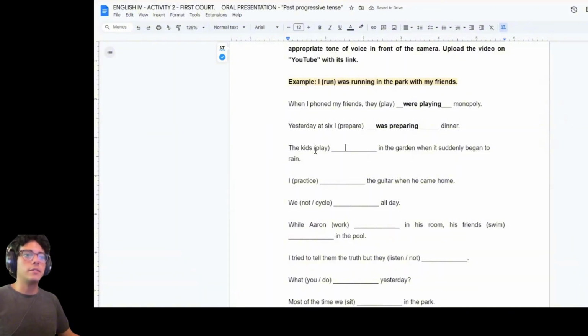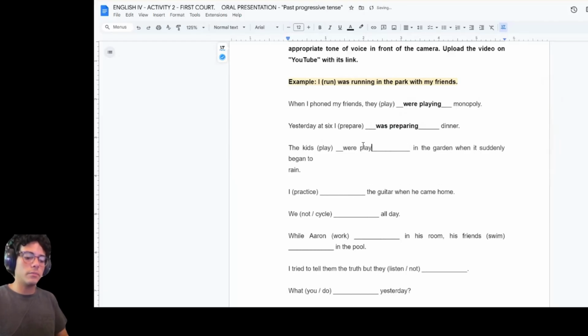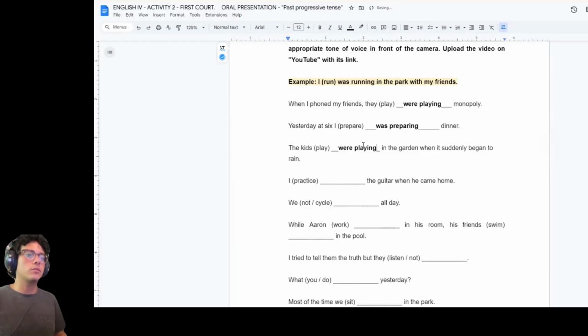The kids, the verb is play, in the garden when it suddenly began to rain. Again, the kids were playing in the garden when it suddenly began to rain.